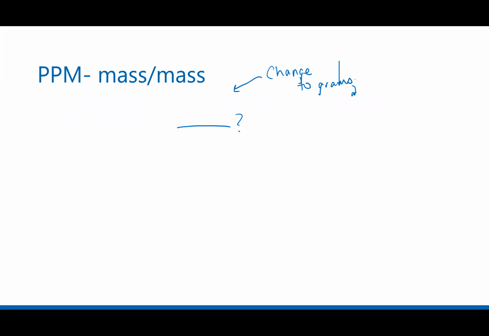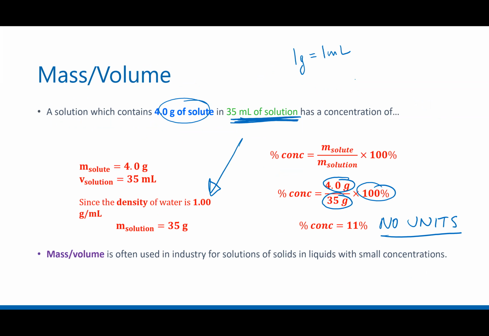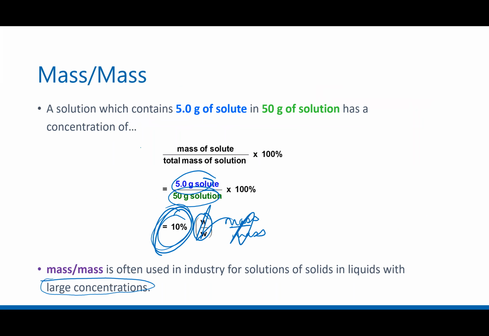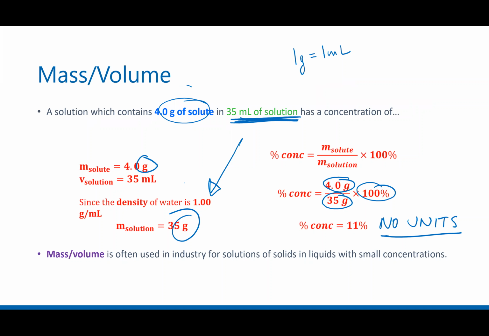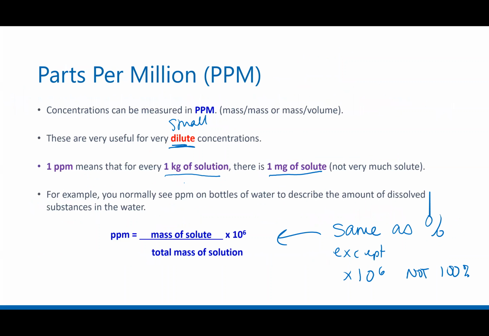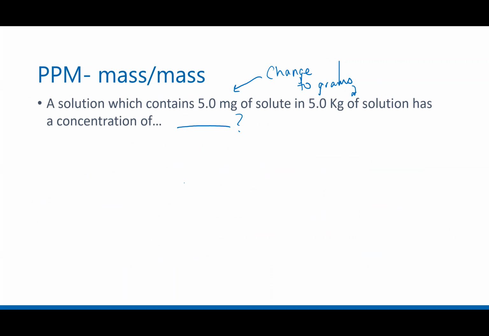When we're dealing with percent concentration, we always use grams. You can see that in these examples here. Sorry for all the mess, but we always use grams, and a milliliter is a gram. So I want to keep consistent and use grams.